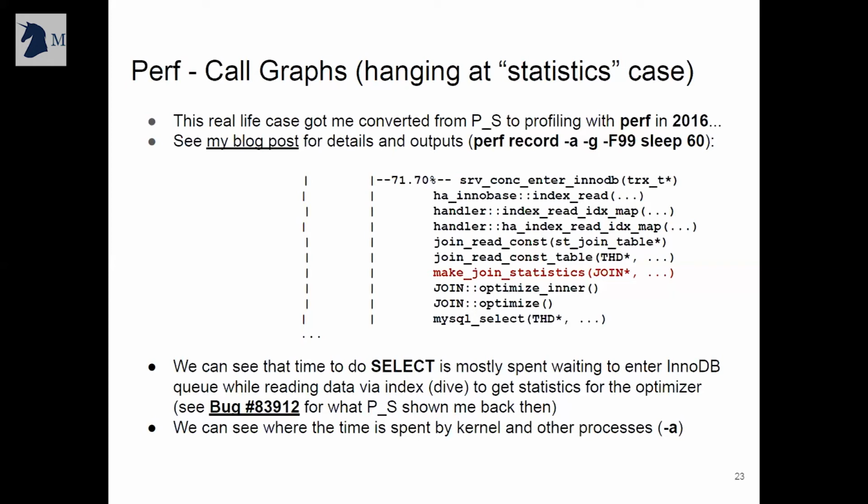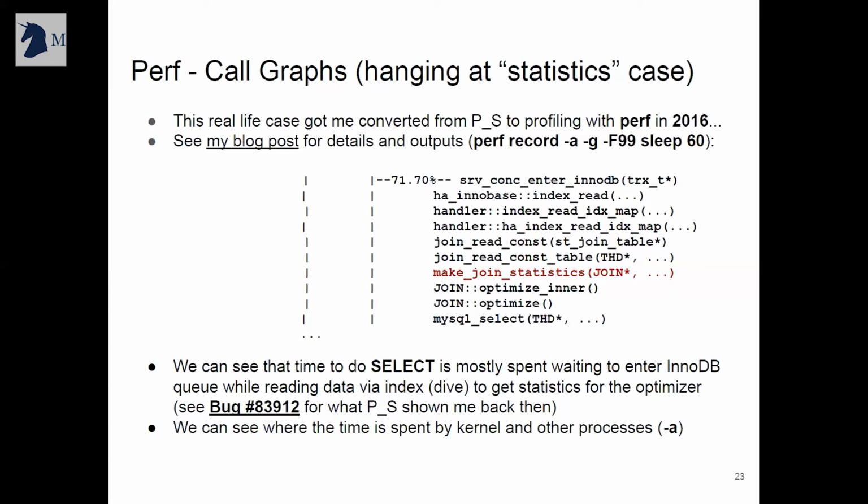So why were these selects slow? I tried all kinds of tricks with Performance Schema. It showed me that the time is spent at the statistics stage. What statistics may need, it's like a part of optimization to get statistics. What statistics may really need for the query that selects one row by primary key?